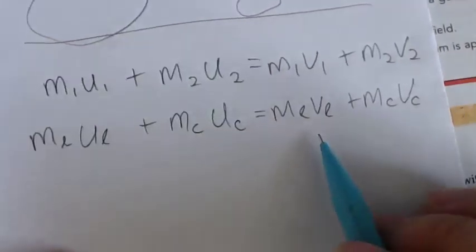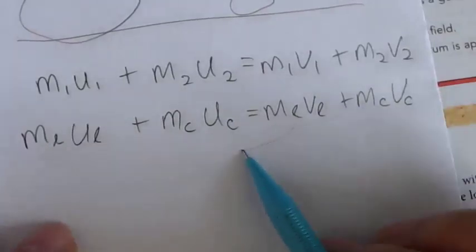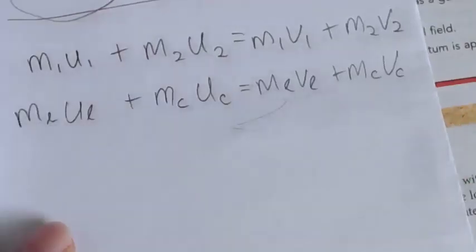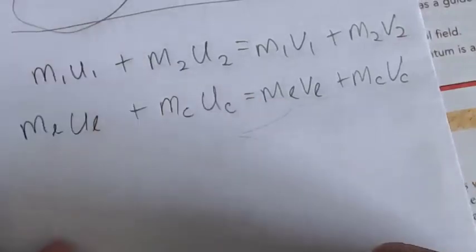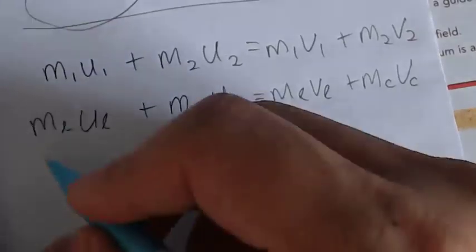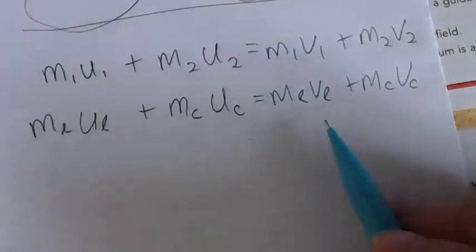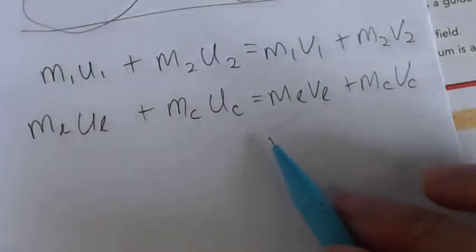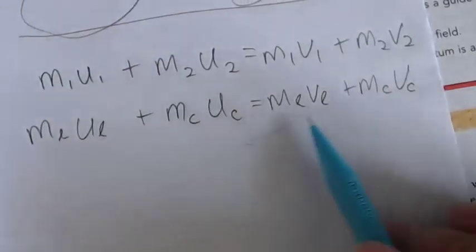So how to leave VC on the right side? We take this to the left side. Quite a lot of work that we need to do here. Never ever substitute the values before you do the transfer, because it's going to be long.